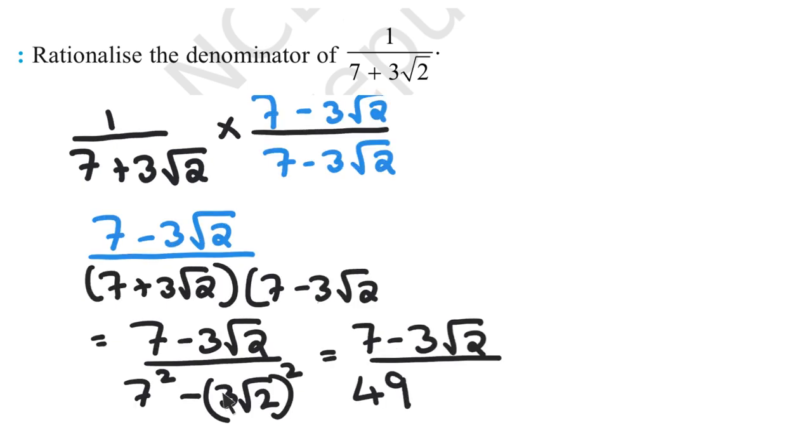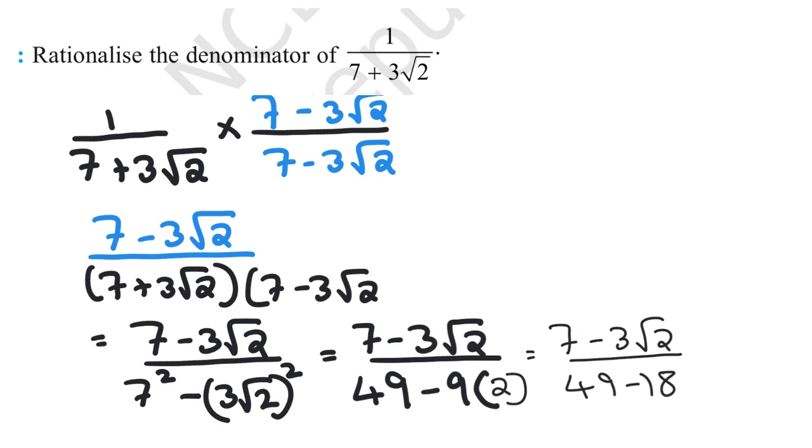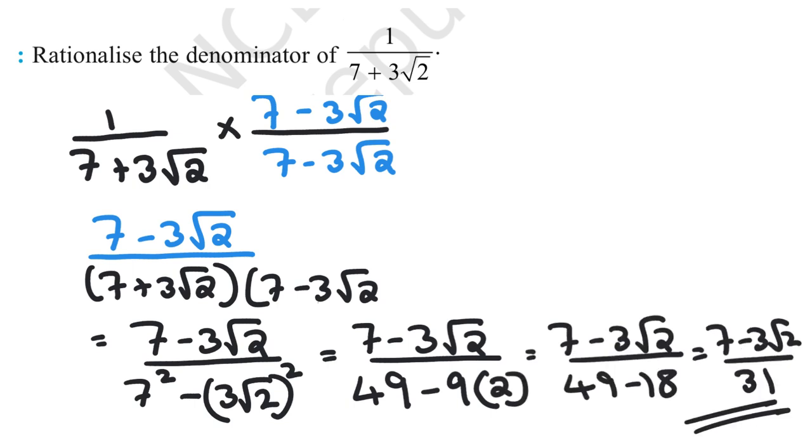Now 3 squared is 9, so minus 9 times root 2 squared is 2. So this is going to be 7 minus 3 root 2 over 49 minus 18. 7 minus 3 root 2 over 49 minus 18 is 31. So we have rationalized the denominator.